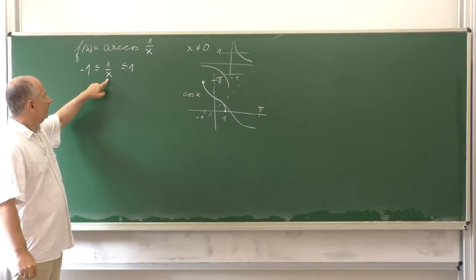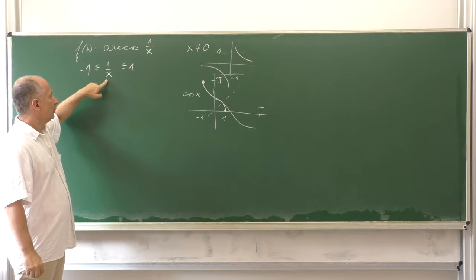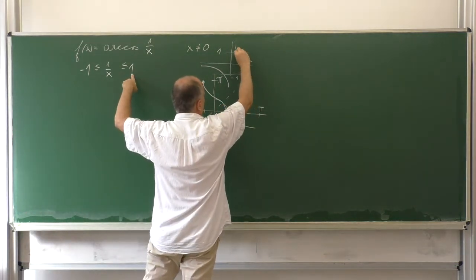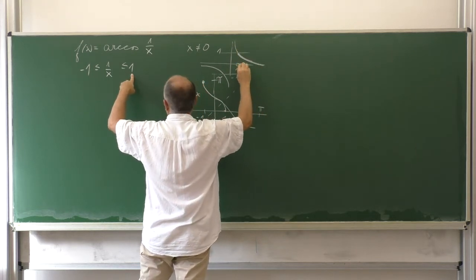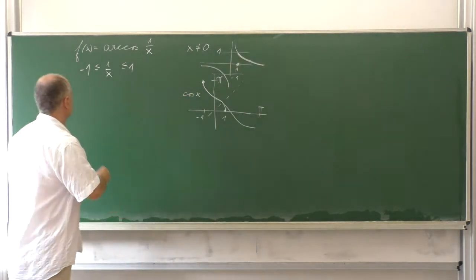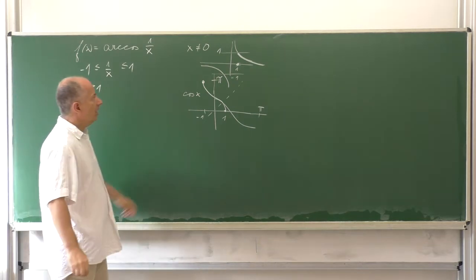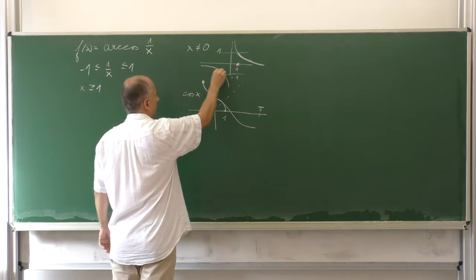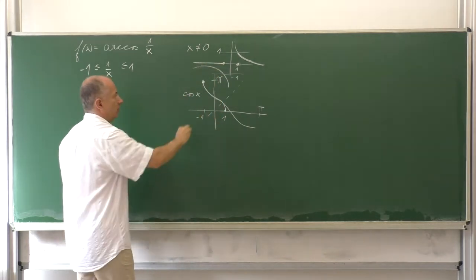We see that x may be large, then the fraction is small. But large means here in this part, that means at least 1. Or it may be large negative, that means this part of the graph, that means less than -1.